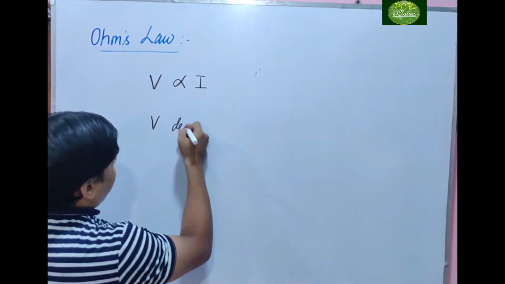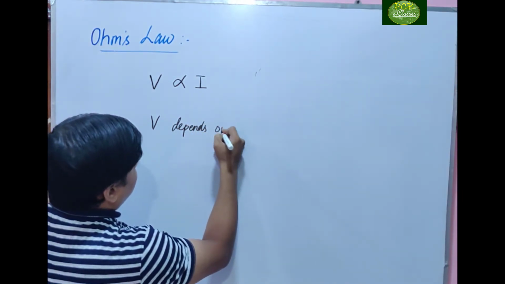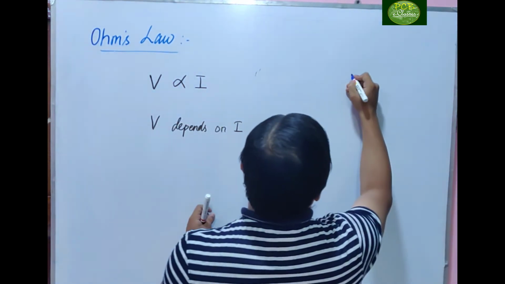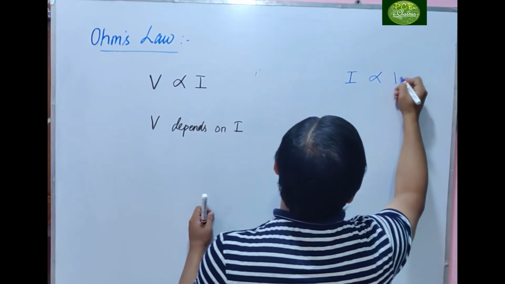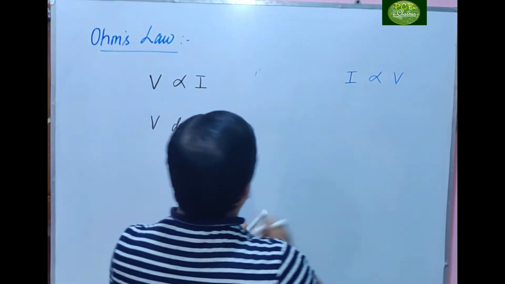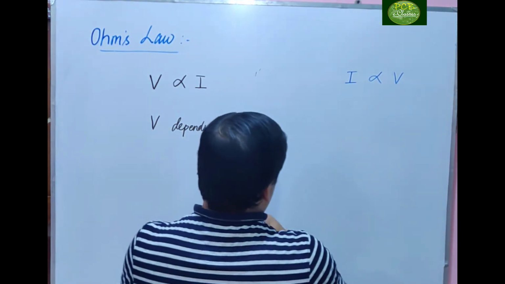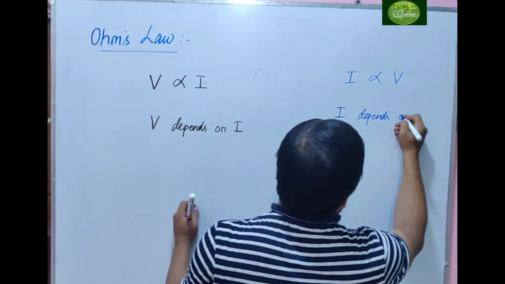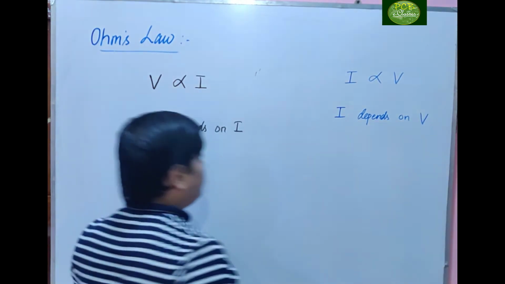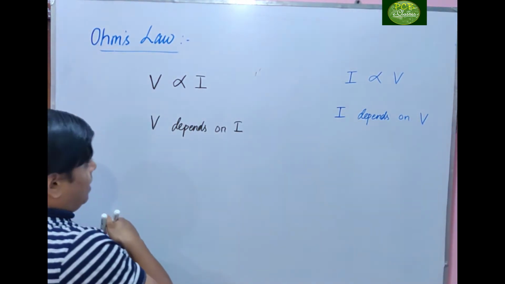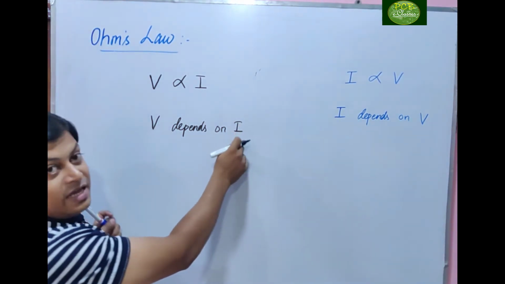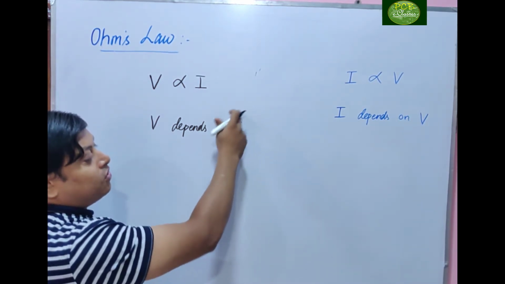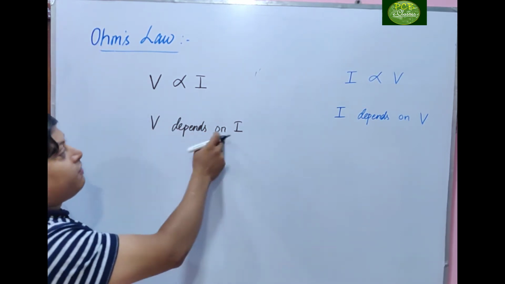V depends on I. Whereas if I write this one, I proportional to V, then I depends on V. That means until the I value is known, V cannot be found out.